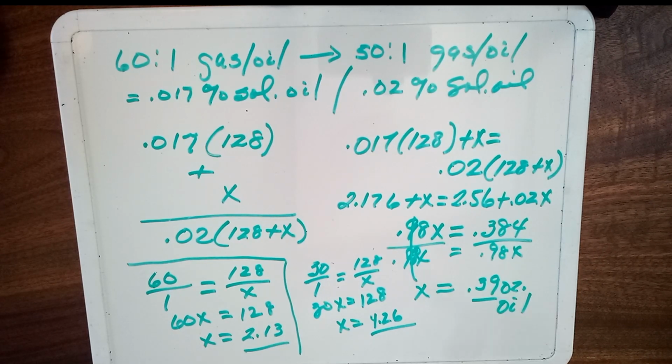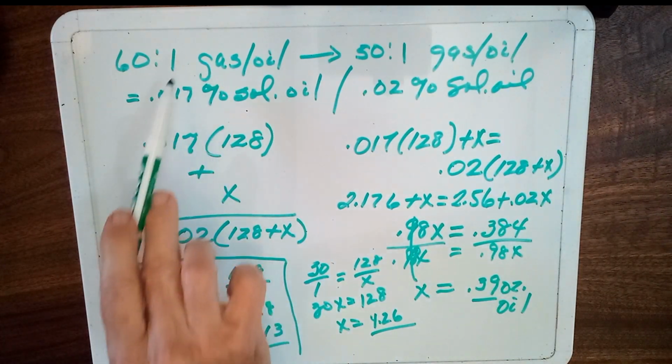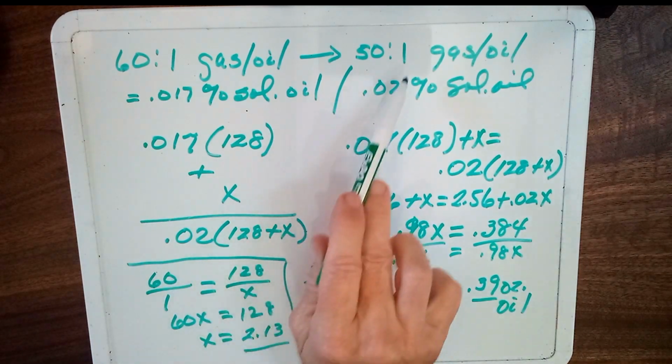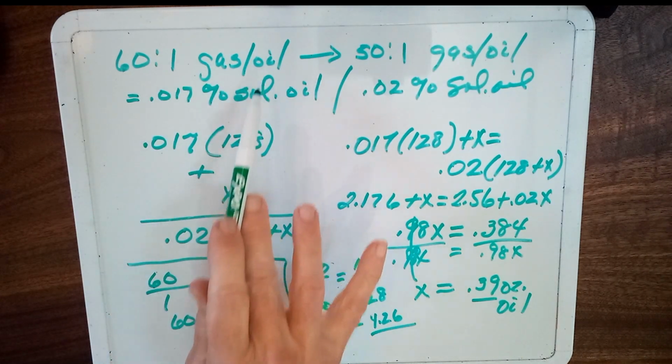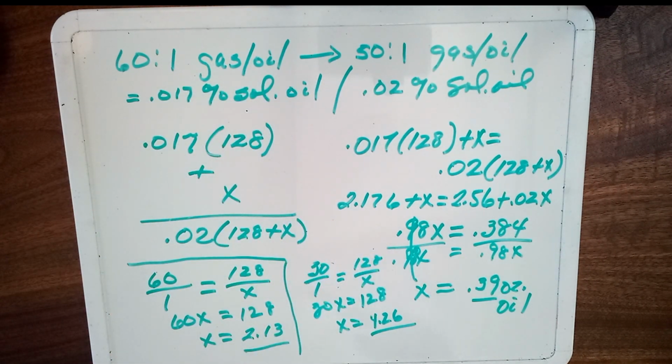And that will bring a 60 to 1 mix to a 50 to 1 mix. And you can kind of logic that out. I'm not reducing the gas because I can't. I'm adding oil, which reduces proportionately the amount of gas.